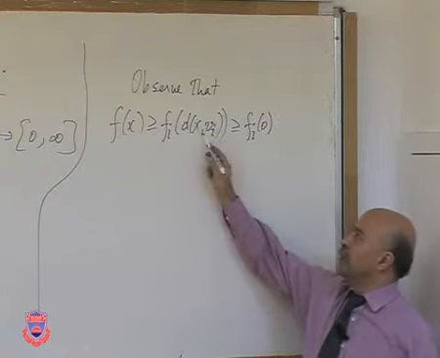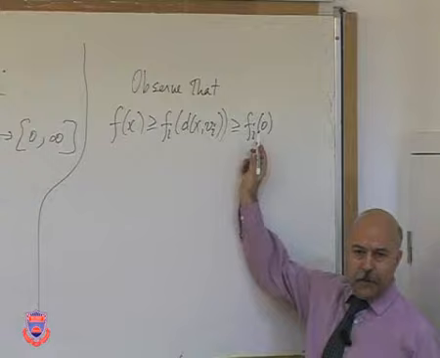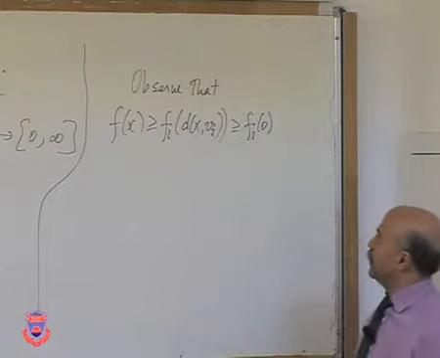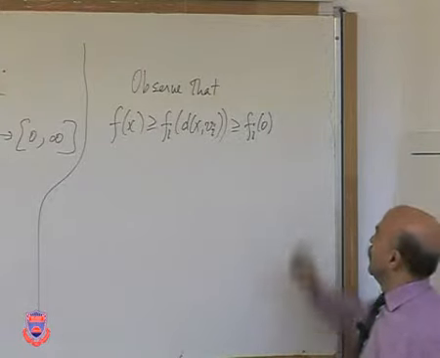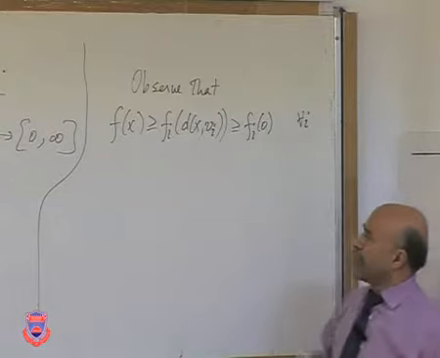Okay? When you replace the argument with something smaller than itself, of course, the monotonicity will do this. This is true for every i.